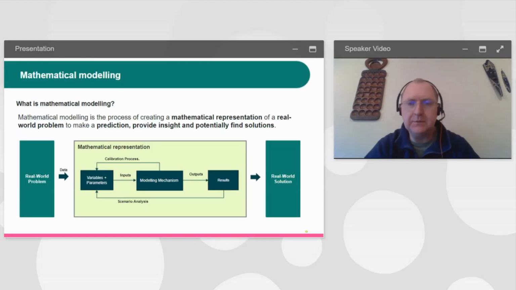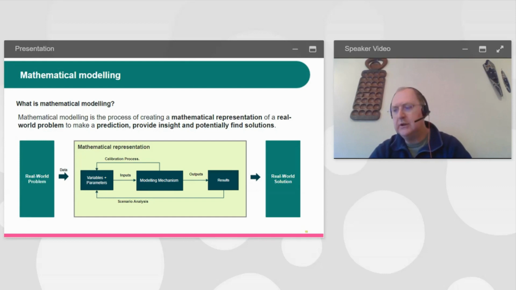When it comes to infectious disease modeling, and modeling more widely, a model is essentially a mathematical representation of a real world problem or circumstance, a caricature, if you like, of reality that captures those essential characteristics that are relevant to the particular problem that you're investigating.